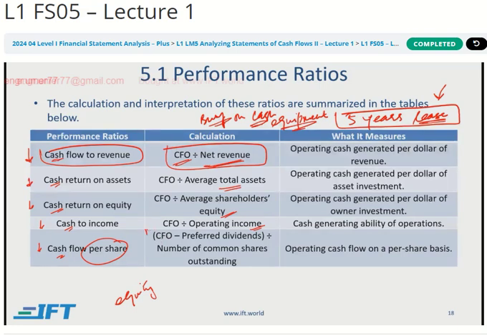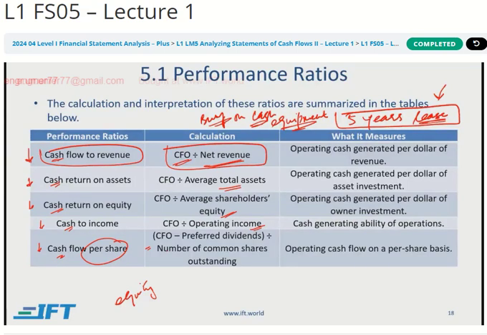So this is a similar formula that you have seen before: net income minus preferred dividend divided by the number of shares. This is the formula for earnings per share, right? But we're not doing earnings per share, we're doing cash flow per share. Therefore, it's cash flow from operations minus preferred dividends divided by number of common shares outstanding.